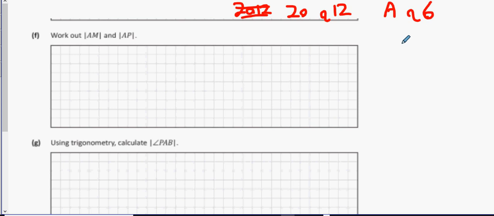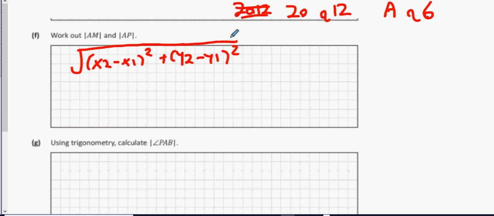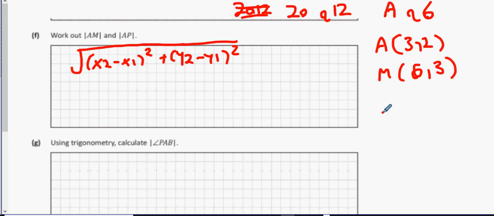Work out AM and AP. Distance formula, yeah? Can anybody tell me what A is again? A is (3, 2). Can anybody tell me what M is? M is (6, 3). And can anybody tell me what P is? P is (5, 6).